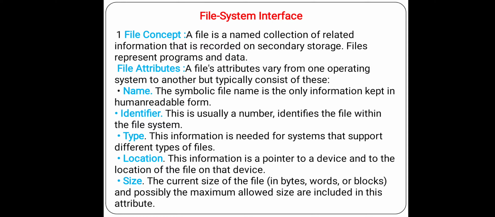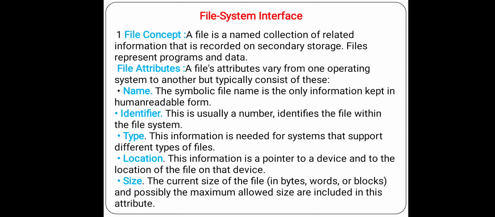You need to keep the records related to student. So you have to give the name of the file based upon the records or data which we have to maintain, right?